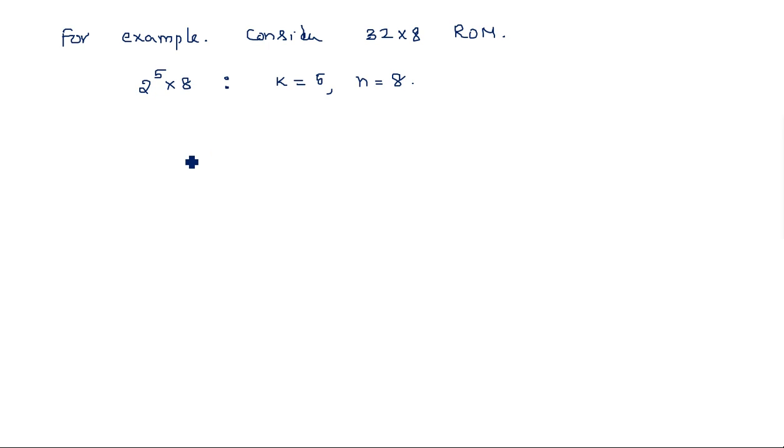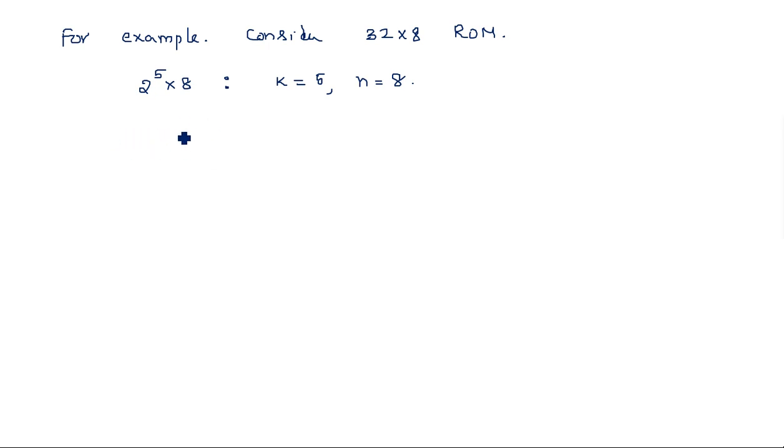For example, consider a 32 by 8 ROM. 32 means 2 power 5, so k is equal to 5, and n is equal to 8.